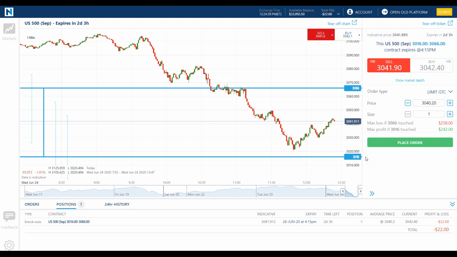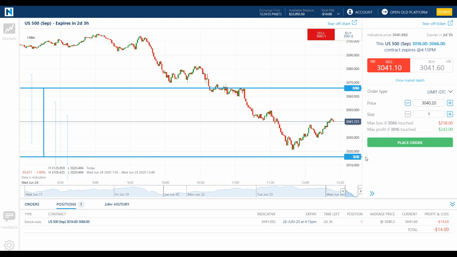It's a delta one. If I buy it, I want it to go up. If I sell it, I want it to go down. And I've got risk parameters on both ends that will knock me out of the trade either for a profit or for a loss, or if it stays in between and never touches one of these, my profit or loss will be the difference from where I traded it and where it settles in 2 days.